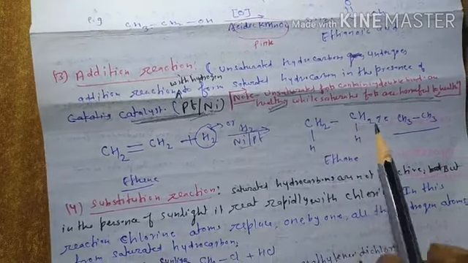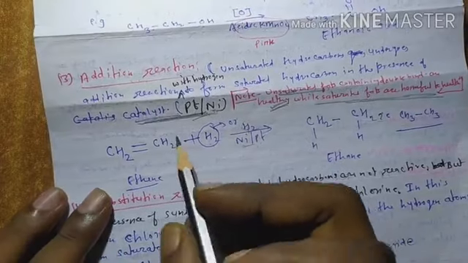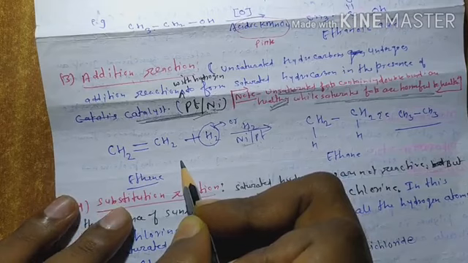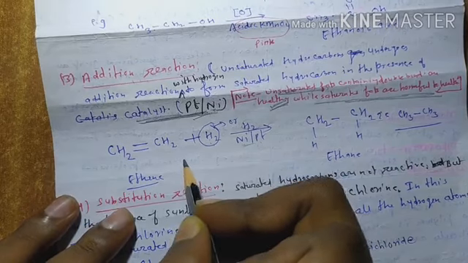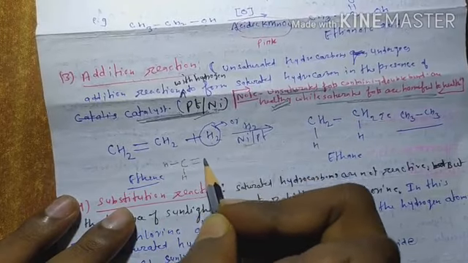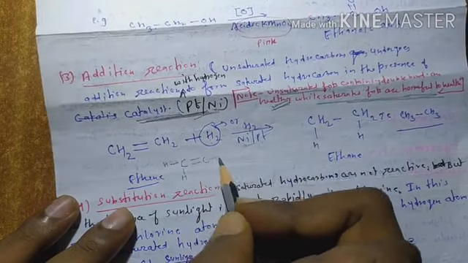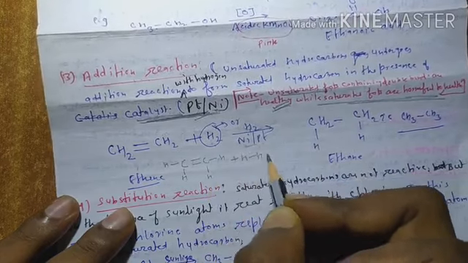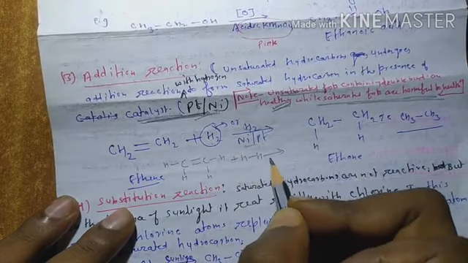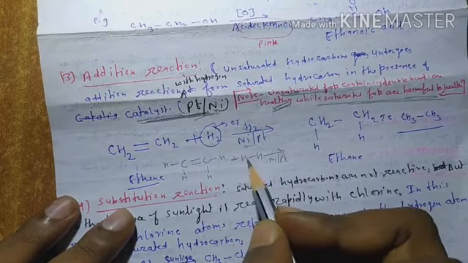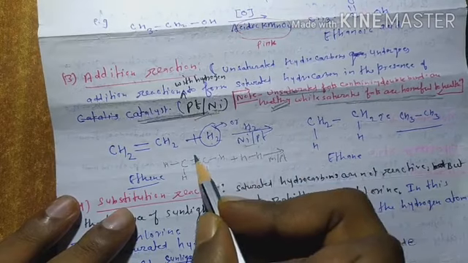Actually what happened, I will explain with the help of the structural formula. You can see here, this is visible for you. So we can write C, with hydrogens, a double bond, a carbon, again hydrogen and hydrogen. So if hydrogen reacts in the presence of nickel and platinum, the multiple bond is broken from here.